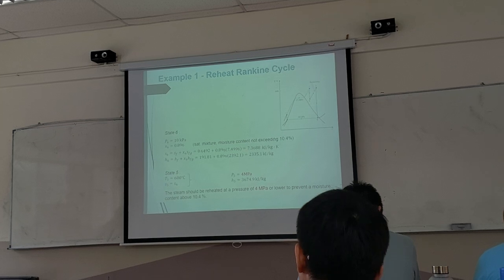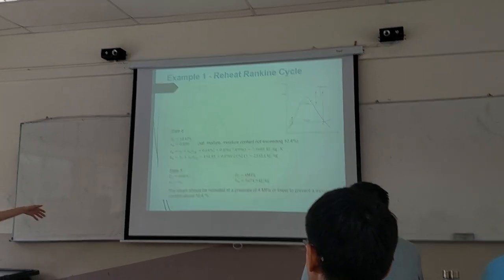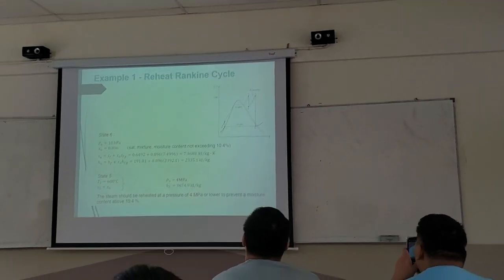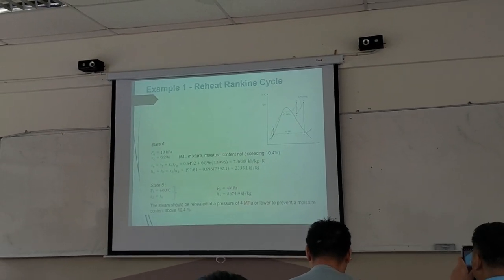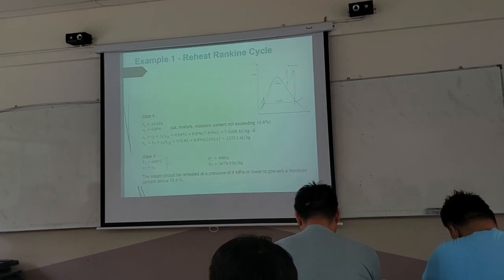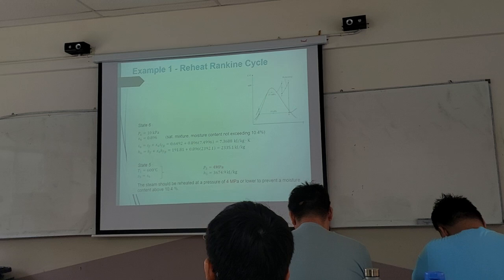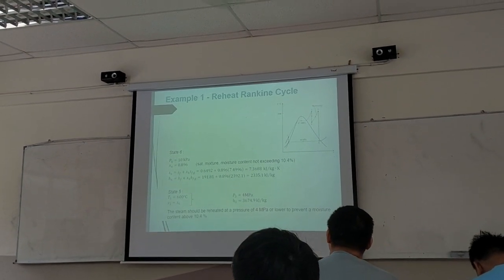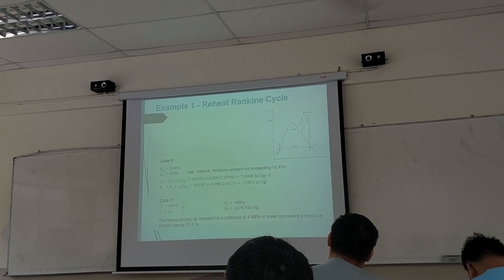Then after that, you can also add a bit of explanation for the answer. The steam should be reheated at a pressure of 4 megapascal or lower to prevent a moisture content above 10.4%. Here we say that this 4 megapascal is the maximum. And someone tell me why.